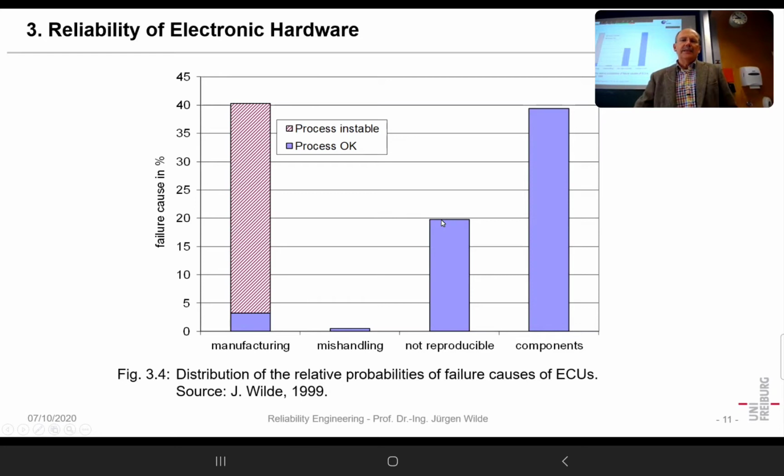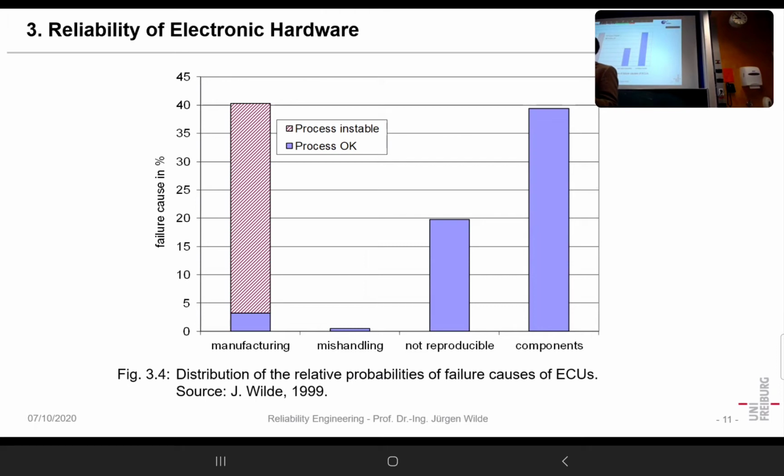Also, 20% of all errors or faults were not reproducible. In fact, we wouldn't find out. But that can be, for instance, a problem if you have a bad thermal contact. It heats, something expands, the thermal contact becomes worse, it heats more.